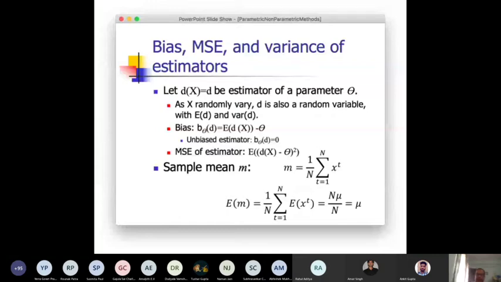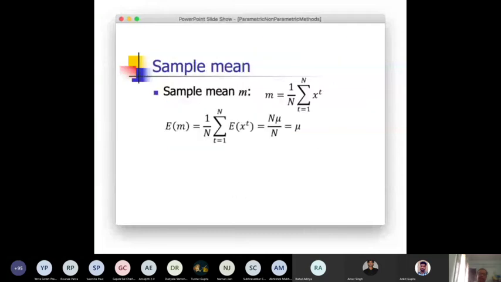And you can see that expectation of the mean is also the expectation of the corresponding random variable. So here mu is the expectation of that random variable x. So sample mean is an unbiased estimate of the expectation of that random variable.